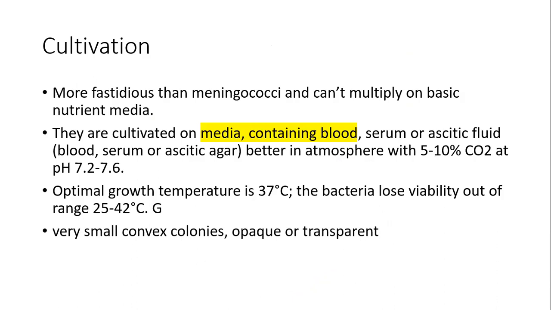Neisseria gonorrhoeae is more fastidious than meningococci and can't multiply on basic nutrient media. They are cultivated on media containing blood, serum, or ascitic fluid, better in an atmosphere with 5 to 10 percent carbon dioxide and pH 7.2 to 7.6.